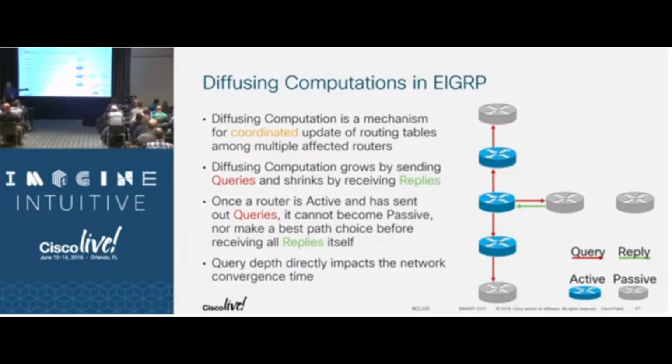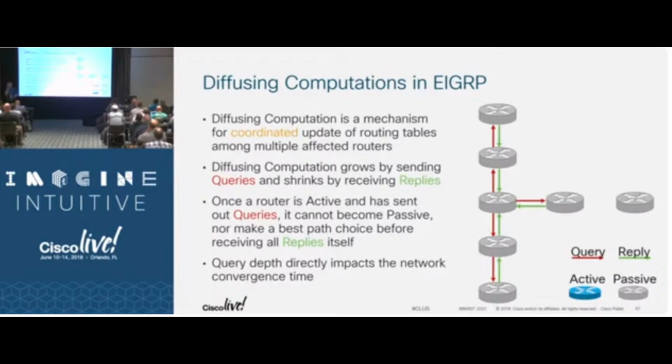So we are waiting for the query to hit either the edge of the network or some router that is not being affected. So we wait for the replies to come back. Only then can those routers stop being active and send back their own replies. And only when they send back their replies can I, as the initiator of this diffusing computation, stop being active myself and do the best path selection.